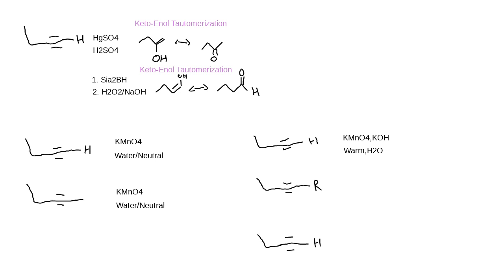So KOH, and at the bottom we have warm water. All right. And then last but not least, we have ozonolysis, which is O3, and then at the bottom, we just have regular water. All right. So most of these are going to be very similar.